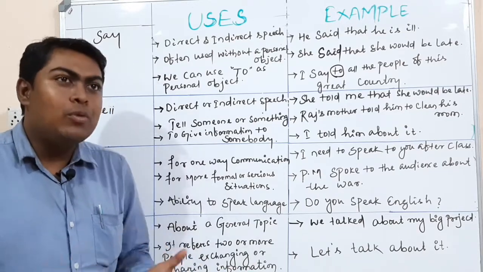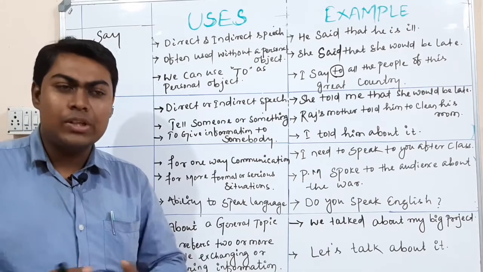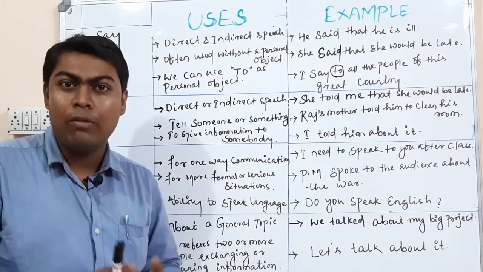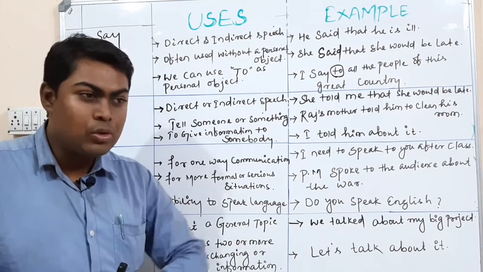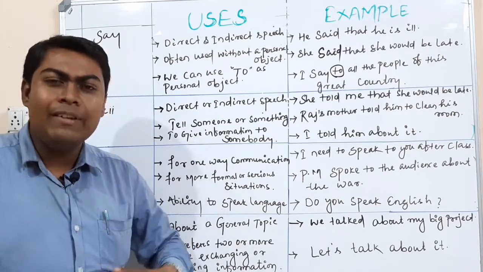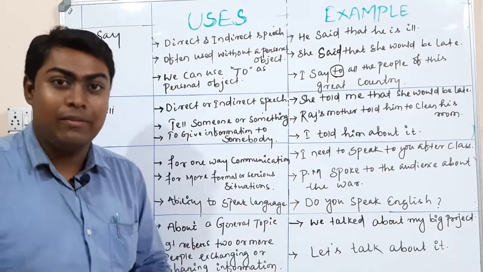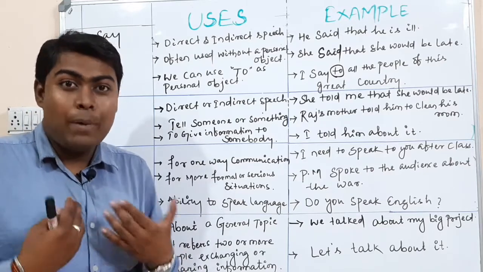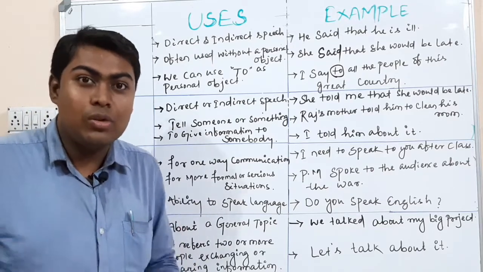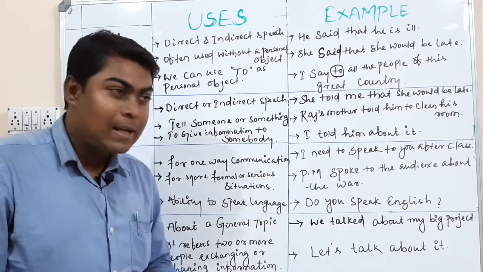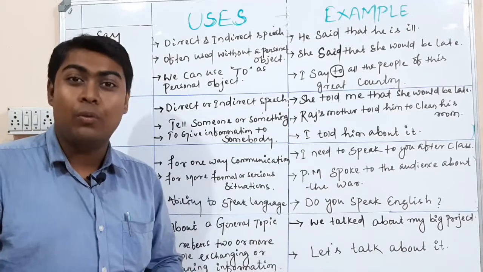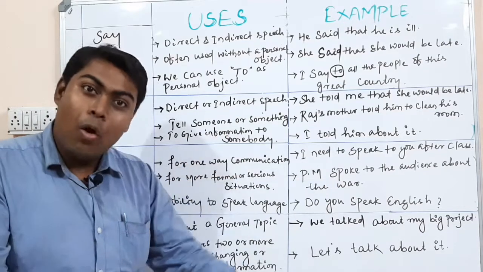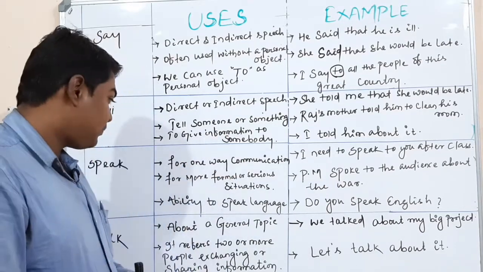Or imagine the Pulwama issue: terrorists attacked our Indian soldiers, every Indian got angry and wanted revenge, and the prime minister also got angry. In that case we can say, the Prime Minister spoke to the audience about the war. He already delivered the message.